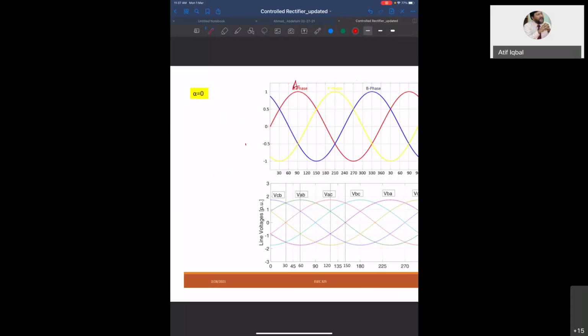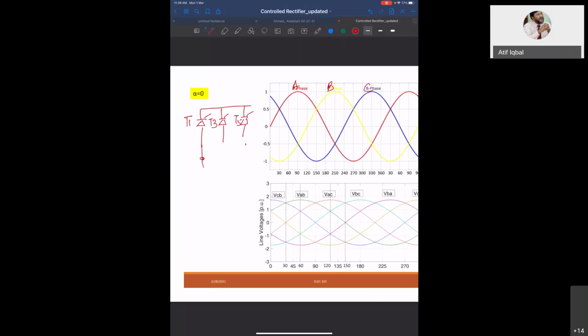Now let me explain the concept of operation of the full bridge controlled rectifier. This is the rectifier. This is my positive group: T1, T3, T5.